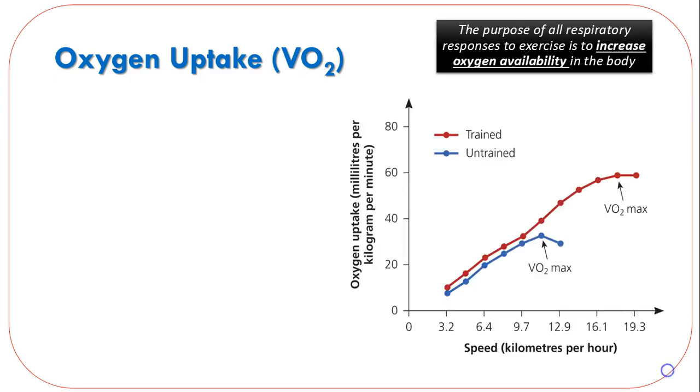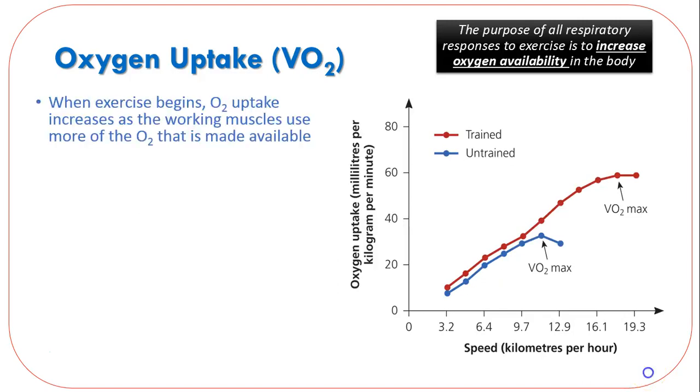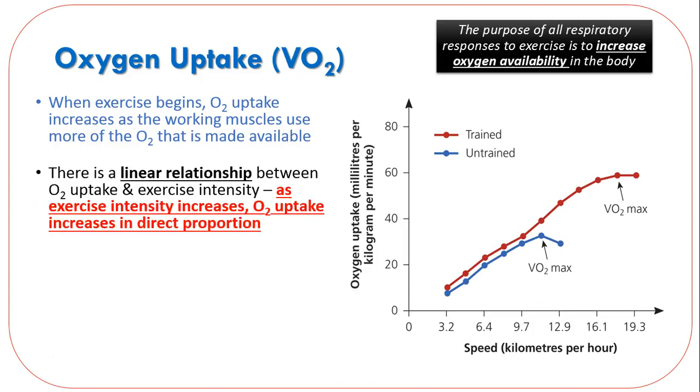Okay, so if we're looking at VO2 and how it responds to exercise, when we start to exercise, we increase our VO2. So we increase our oxygen uptake because we have this increased oxygen demand at the working muscles. So we need to make more oxygen available in the body. There's a linear relationship.